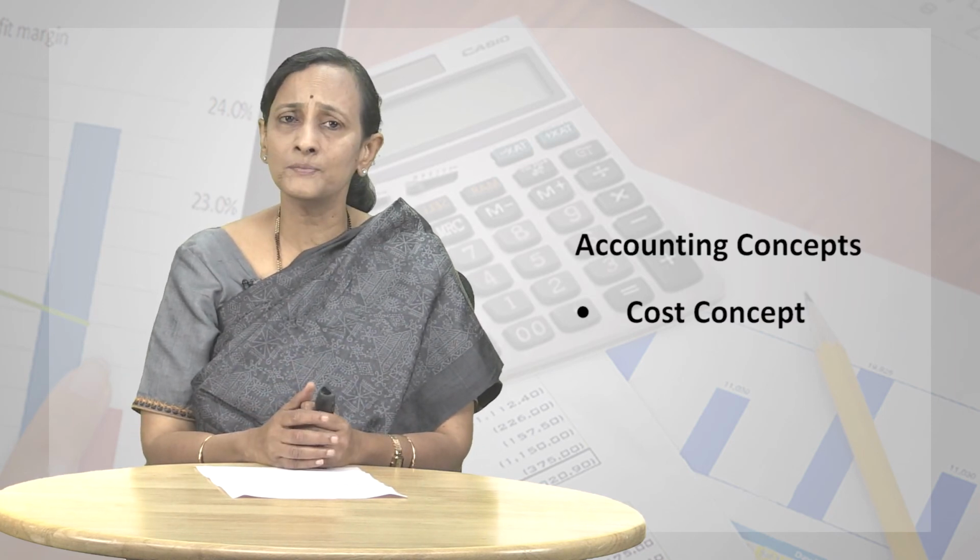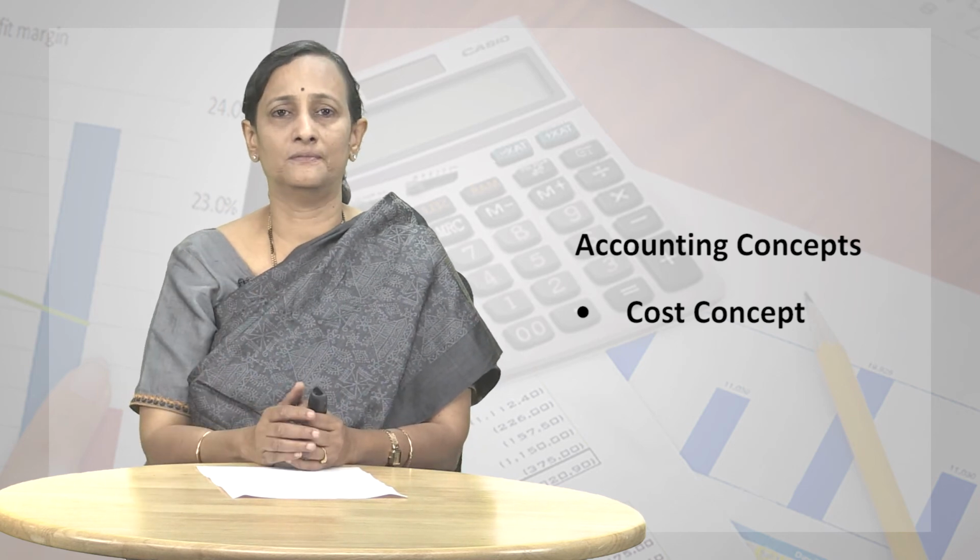This is very important because the way in which we record transactions would differ substantially if the business is no longer a going concern. So, going concern is a fundamental assumption that we make when we record the transactions in the books of accounts. Last but not the least, the cost concept.